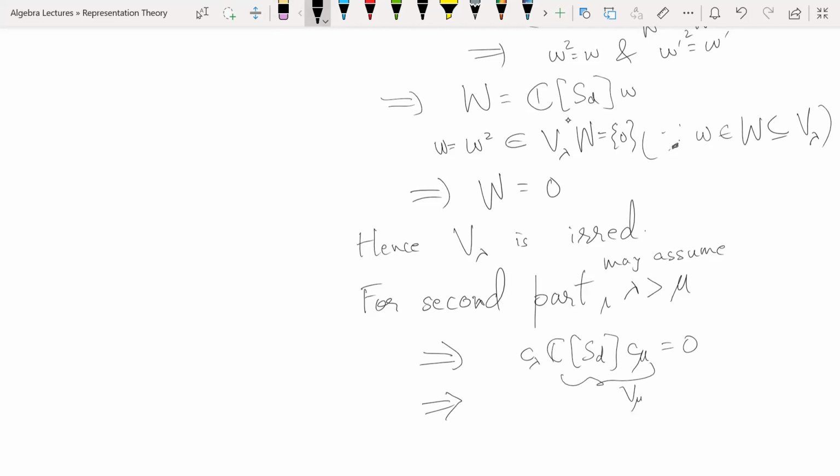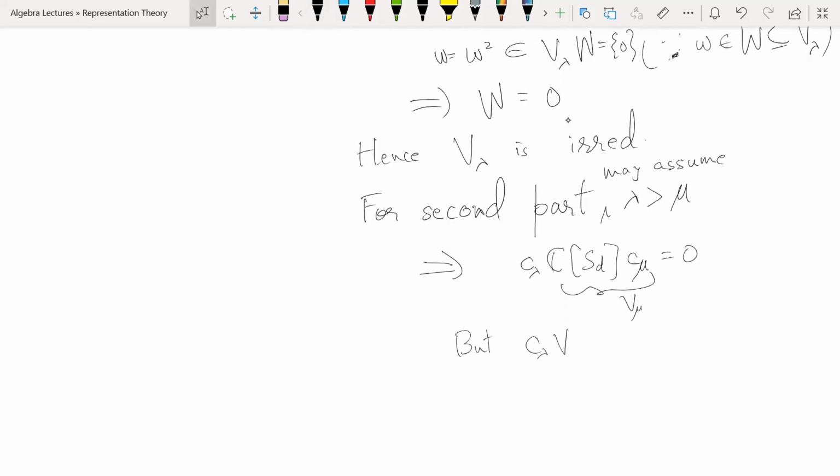But C lambda V lambda is not 0. In fact, this is C times C lambda, the whole of C times C lambda, but this guy is 0. So V mu is not isomorphic to V lambda.